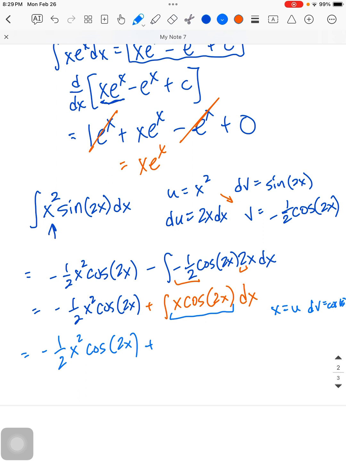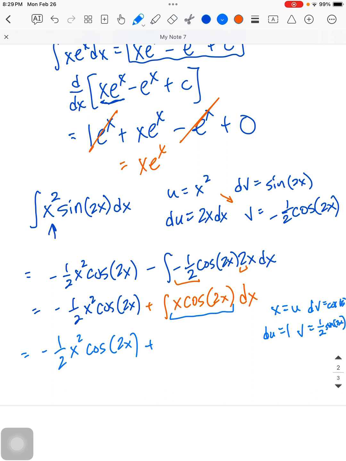And I'm also running low on space. So du is just 1. But if dv was cosine 2x, we're now going to have a 1/2 sine 2x. Space is an issue right now.